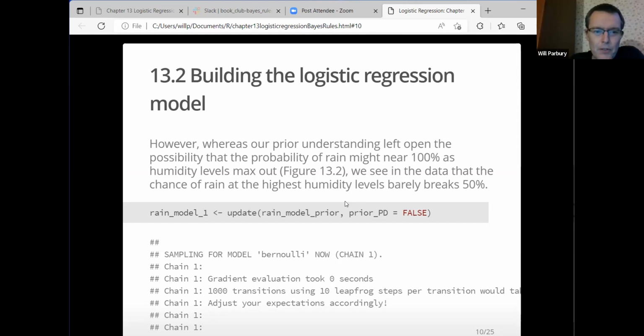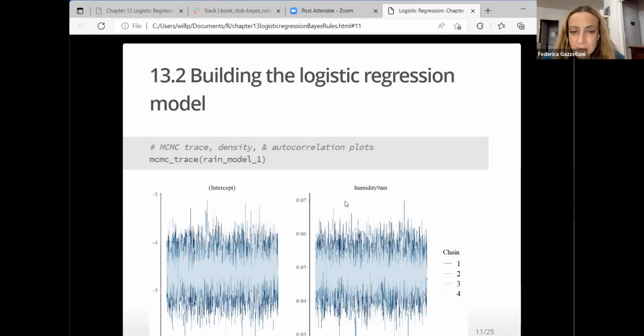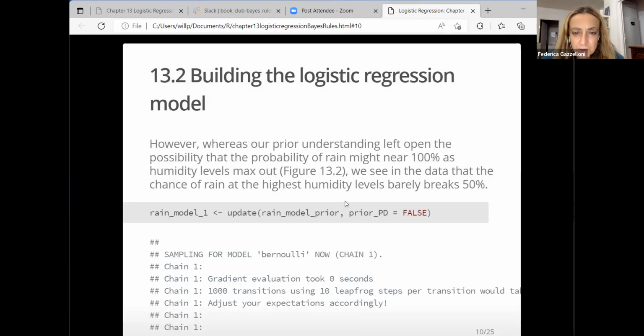It's relatively simple code to write. So basically, we update with the prior false. The information coming out of the prior was possibly suggesting that if you had a humidity level near 100%, you would have a very high probability of rain the next day.